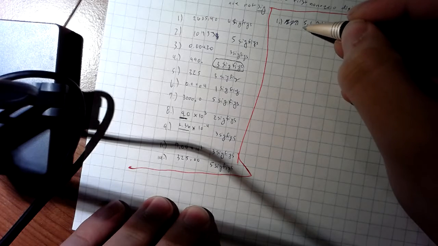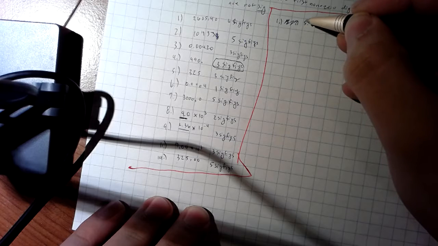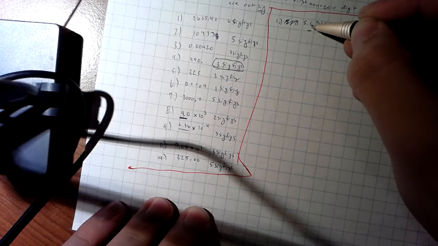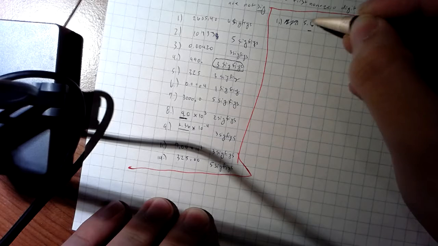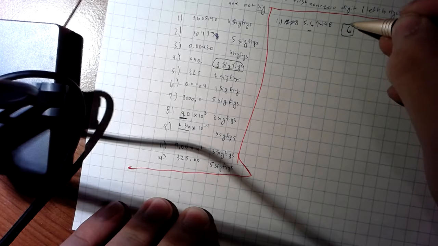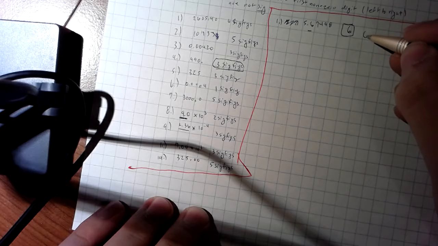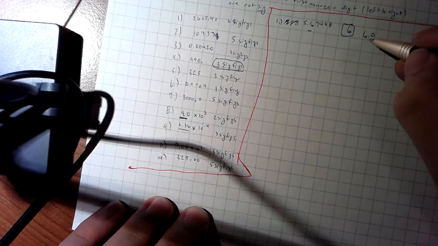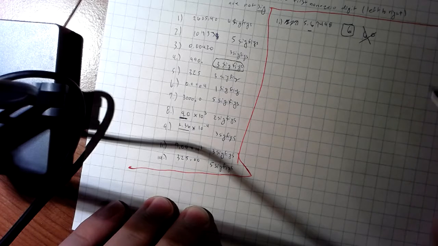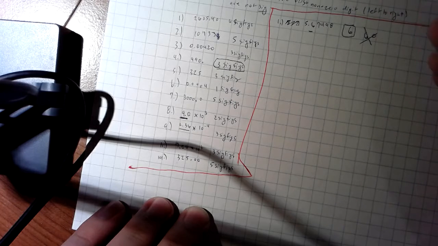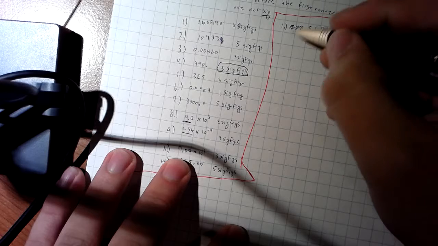So we're going to look at the whole number, which is 5. Look at the neighbor right here, that's 6. That's 5 or greater, so it bumps this into a 6. So the answer would be 6, and that's it. No decimal point. You can't. If you were to put 6.0, that would be incorrect because that has 2 sig figs. Remember, we can only have 1 sig fig in our answer.